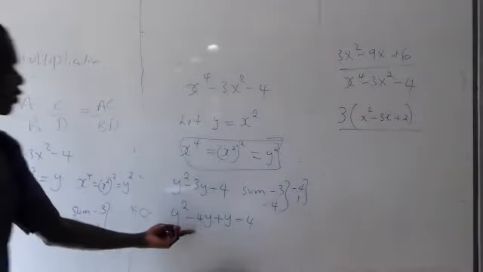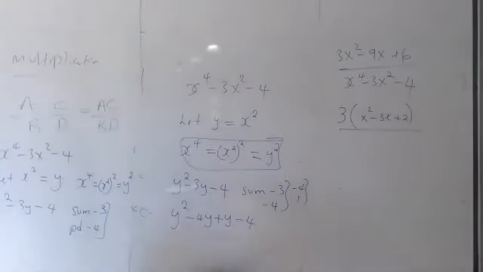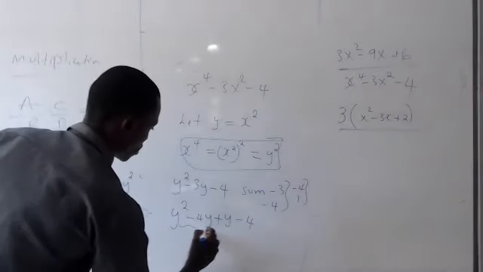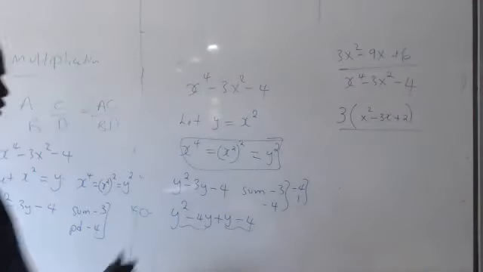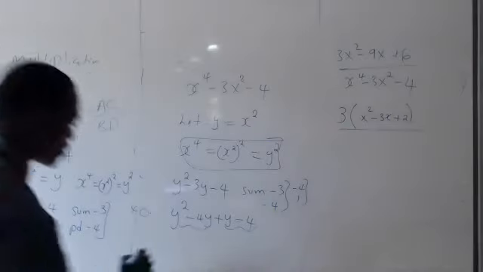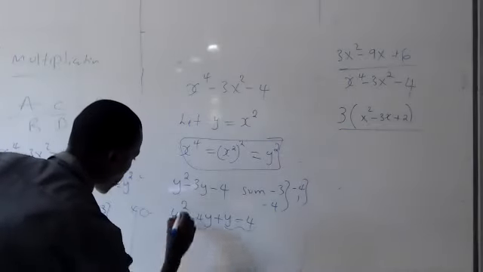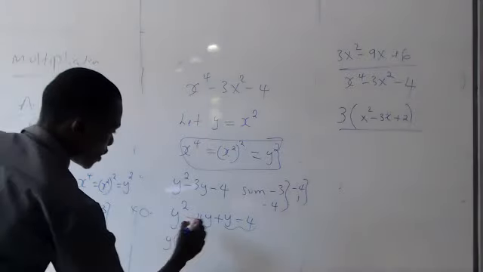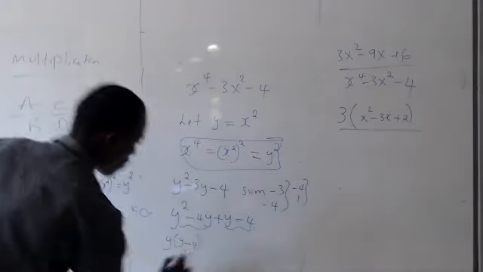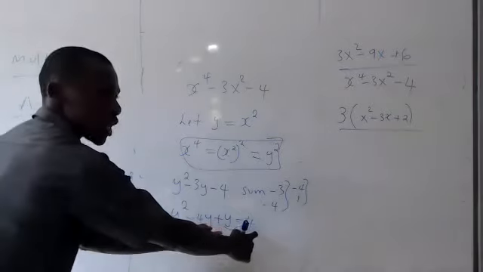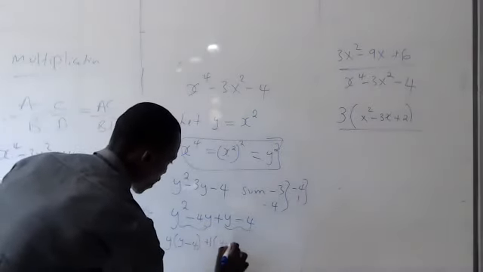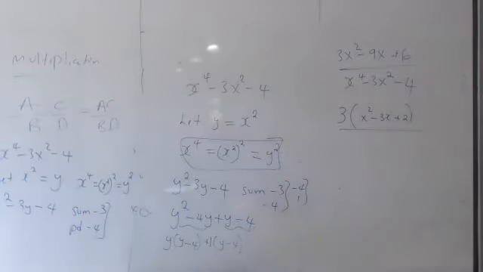Then group these expressions. In the first group, y is common, so y squared factors as y, and 4y factors as -4. Then the only common term in y minus 4 is +1, which gives you y minus 4.